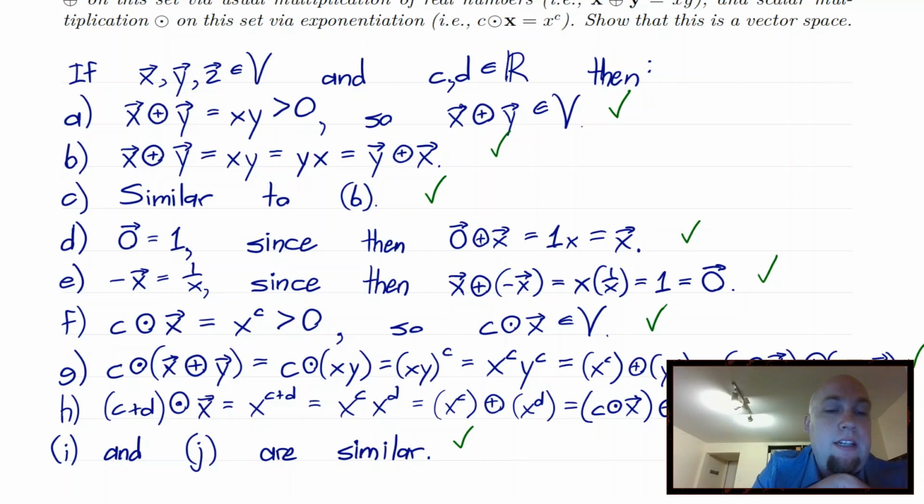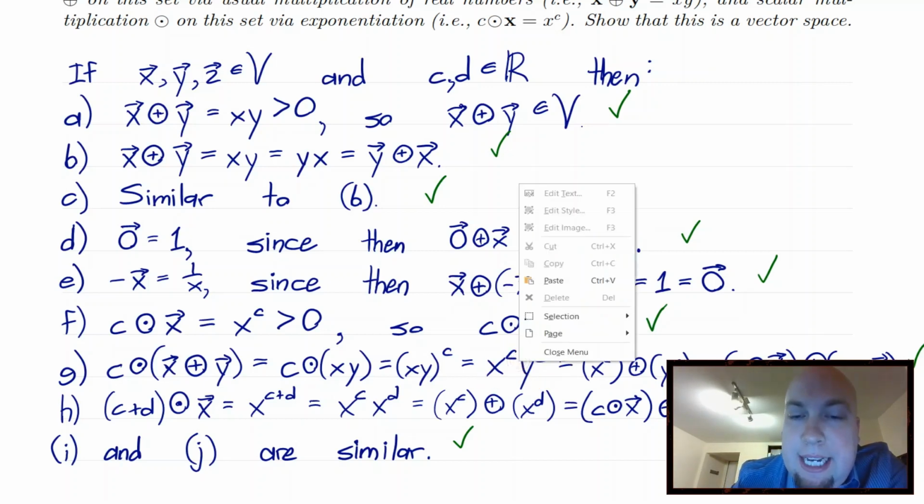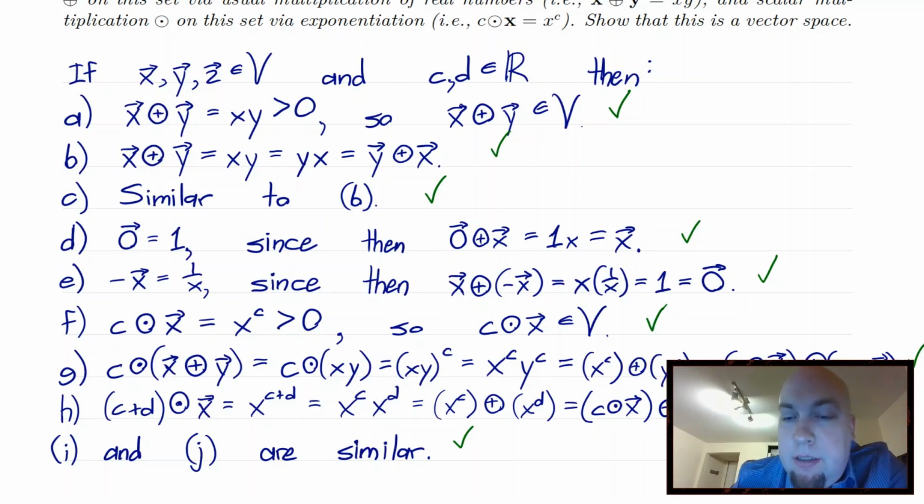So c scalar multiple x vector addition y, all that means is x times y to the power c. But now we're just working with a real number. x times y to the power c, that's just x to the power c times y to the power c. And now you can break it up in the other way. This is a number, x to the power c, y to the power c, and they're being multiplied together. Well, that's vector addition.